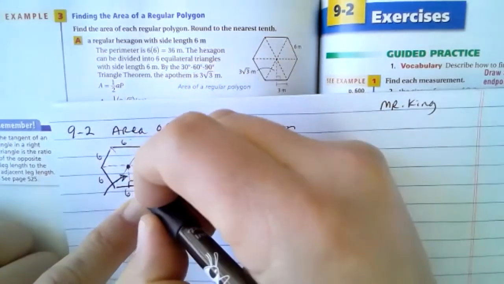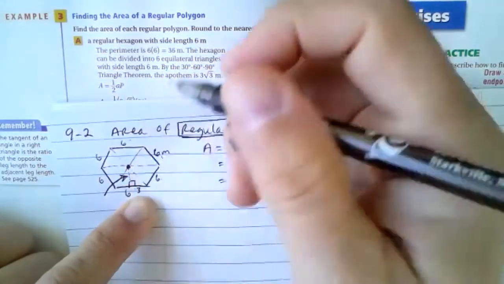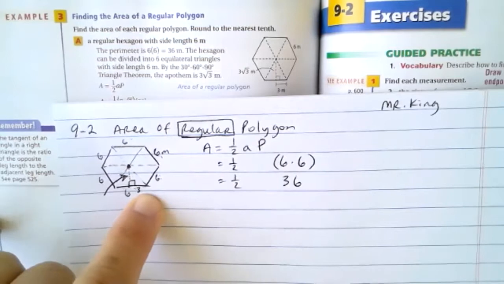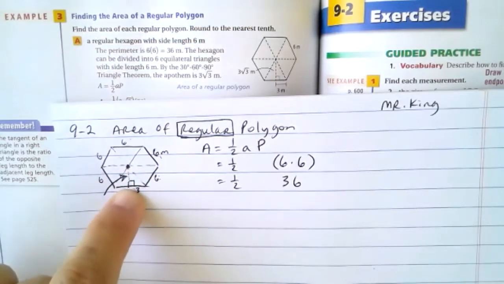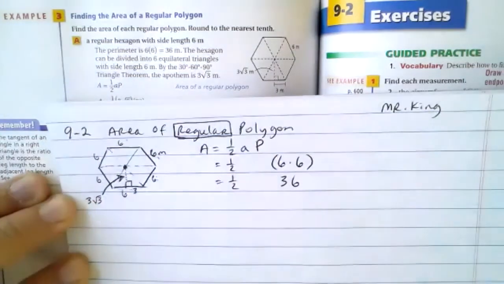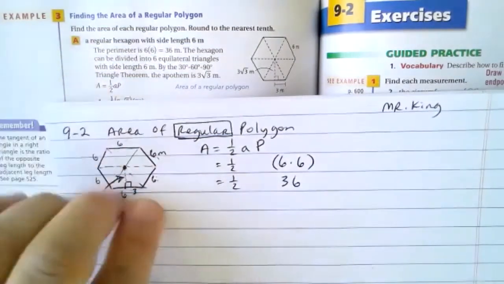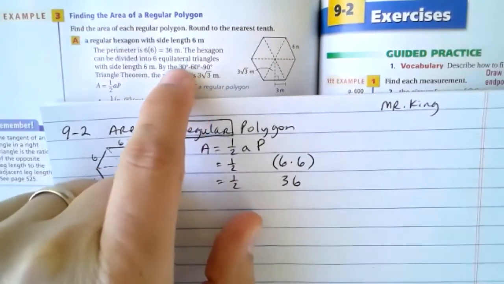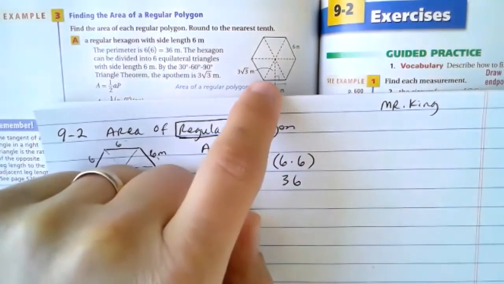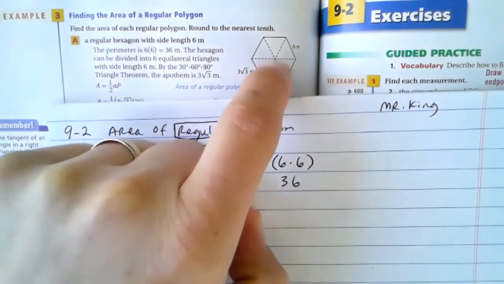Now let's look at this just a second. This length right here, from here to here, says it's going to be 3 square root of 3. We're just going to go with it the way they have written it down here. But there's more to it than that. You can use the Pythagorean Theorem on this to figure out that height right there.